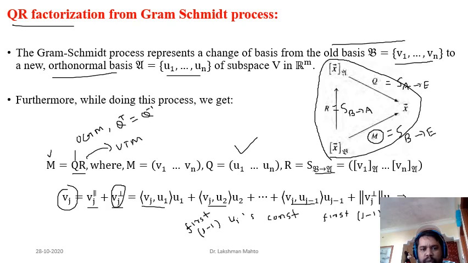So Vj perp can be written as the norm of Vj perp times uj. So you can see that Vj has been expressed as a linear combination of the first j orthonormal vectors.